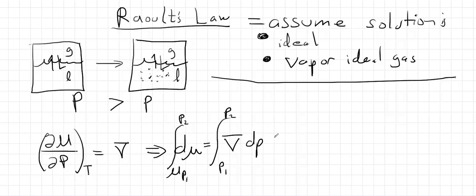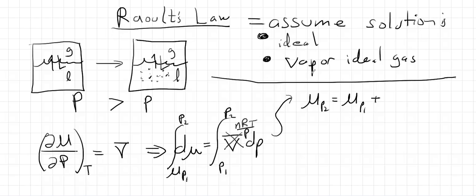And if we integrate this, we get that mu at P2 is equal to mu at P1 plus, well, when we integrate this, we can't assume it's constant, right? We're talking about a gas here, so obviously the volume's going to change when we change the pressure. So we should replace the molar volume with nRT over P.